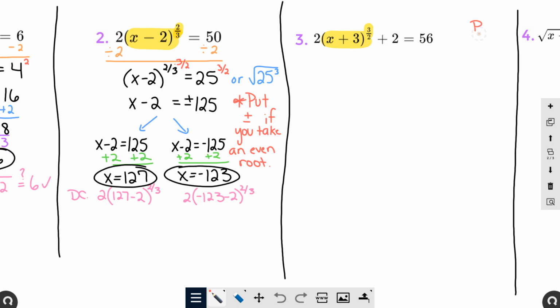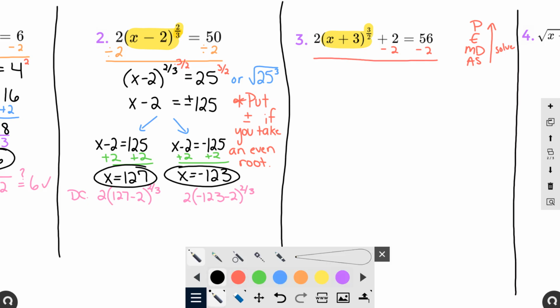When you're solving, remember you want to do your order of operations in reverse. So when I solve, I start with any add or subtract. So let's get rid of that minus 2 first, then we divide by 2. So always when solving, order of operations go backwards.